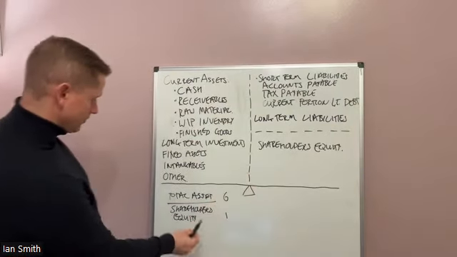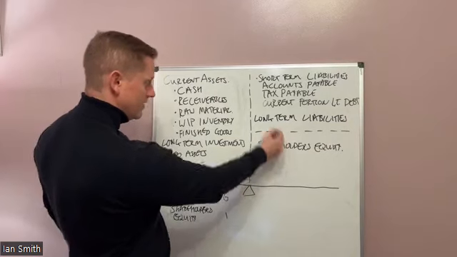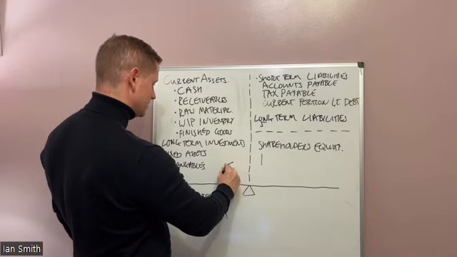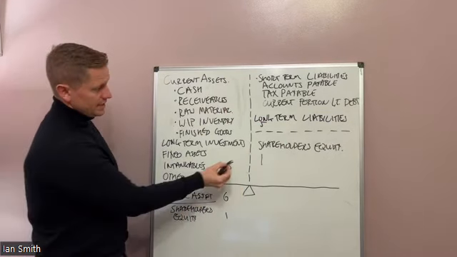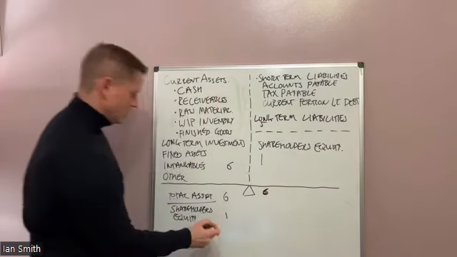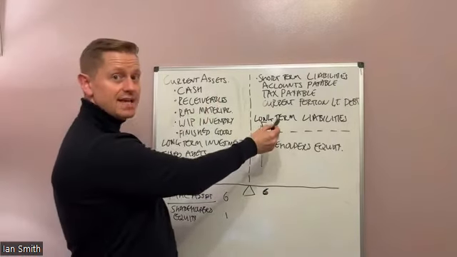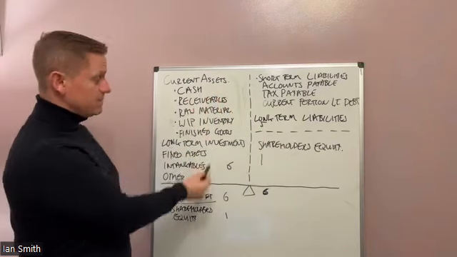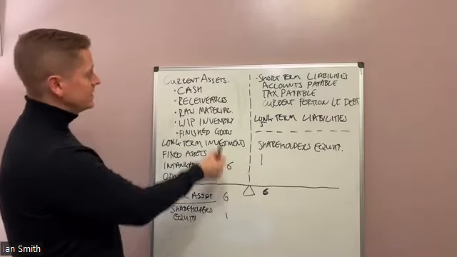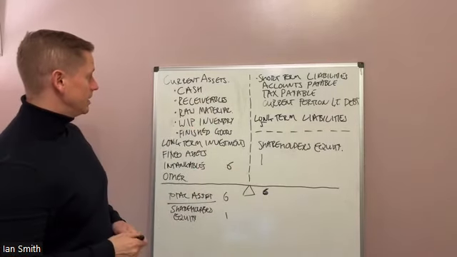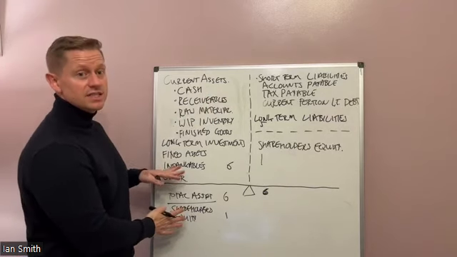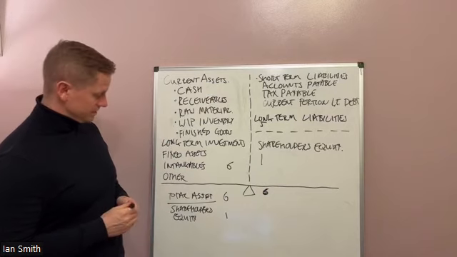So if 1 million is here, then 5 must be here, because all of this equals 6 million, and then these two should balance, 6 and 6. So that means you've got 5 million of debt financing 6 million of assets, and 1 million of shareholders' equity financing 6 million of assets. That's a good indication of the level of financing compared to the assets within the business.